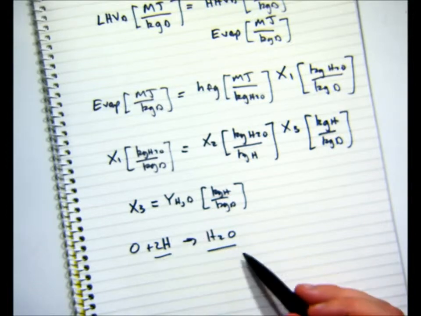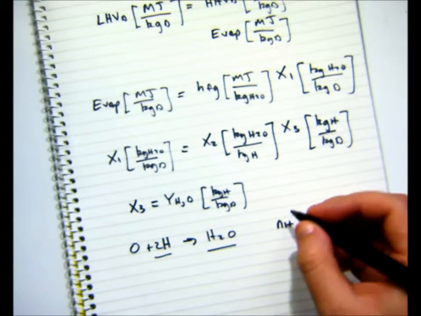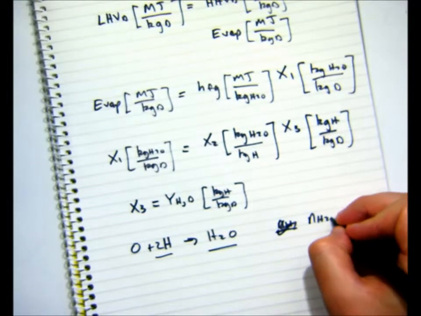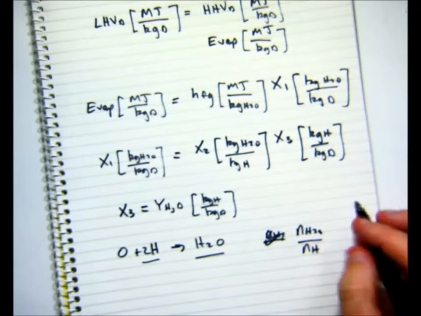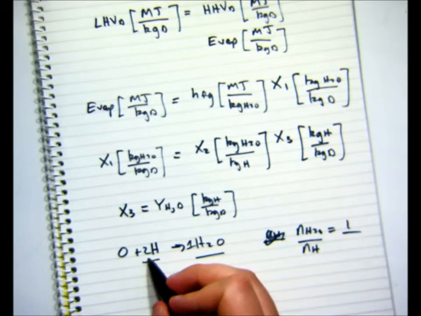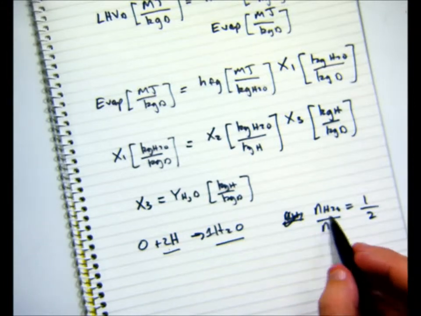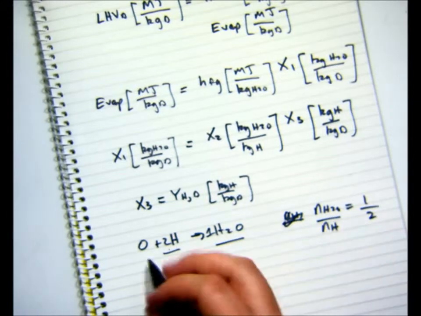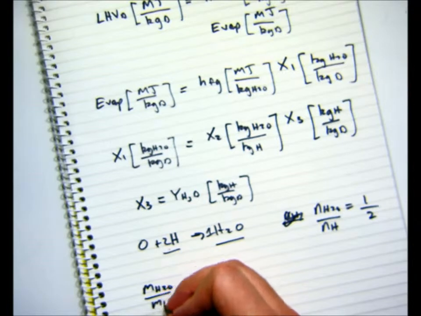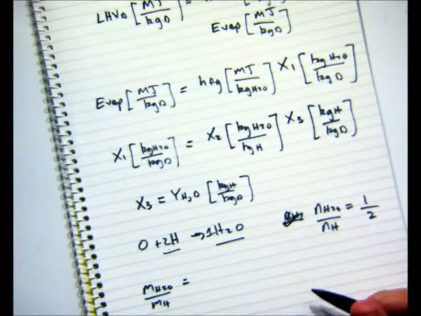Well, we know that chemical reaction equations give us a molar ratio, so we know that N of H2O over N of H here equals 1 mole of H2O over 2 moles of H. But we also know that we can express this in terms of the mole fractions if we use the species molecular weights.